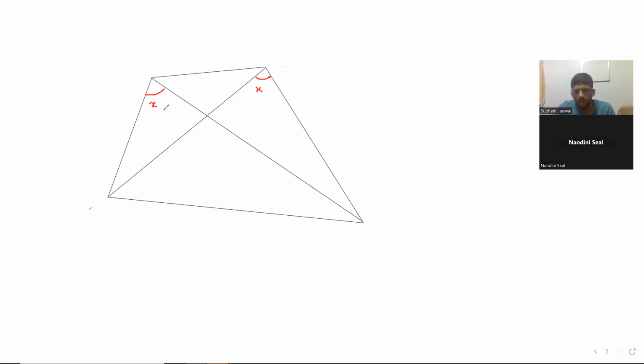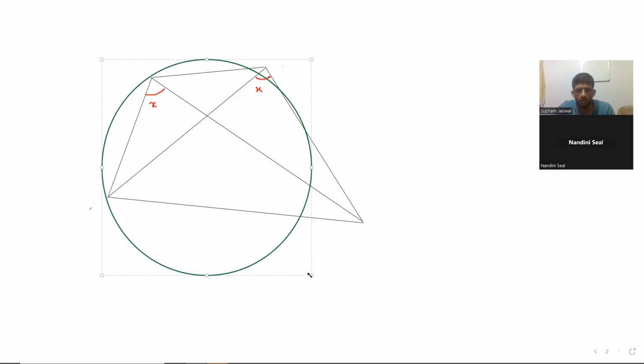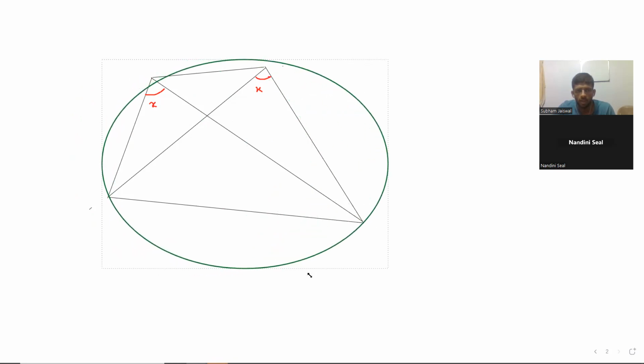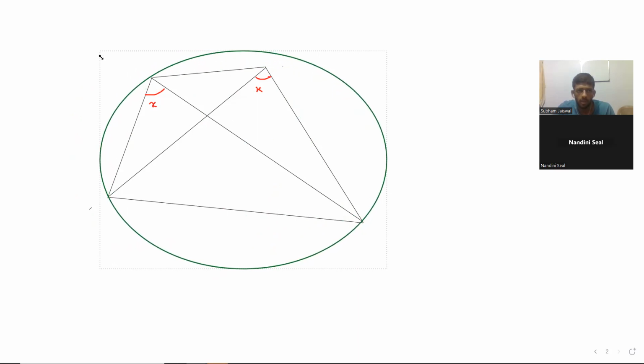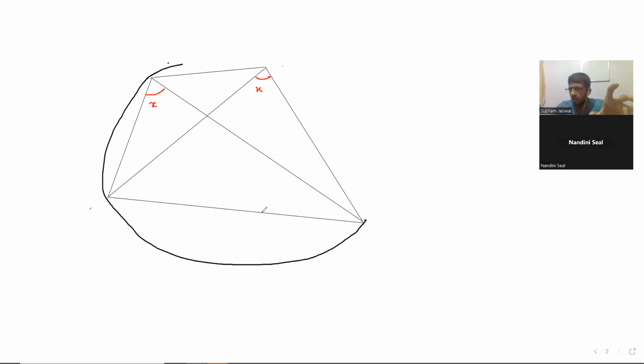The point I'm trying to make is that once you have this situation, the circle that you draw, the circumcircle of these three points, it will not happen in my picture, but what I'm trying to say is that given 3 points, you get a unique circle.